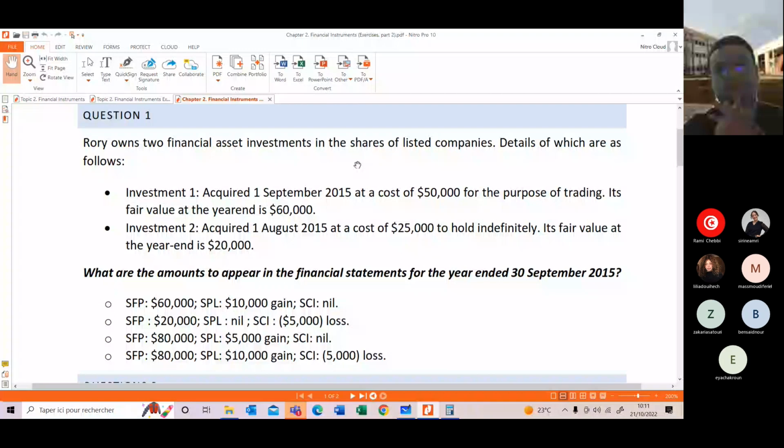What are the amounts to appear in the financial statements for the year ended June 30, 2018? This is the end of the period. Remember, the acquisition has been on May 1st for 420,000. Which perspective are we tackling in this question two? The perspective of the investor or the perspective of the issuer?